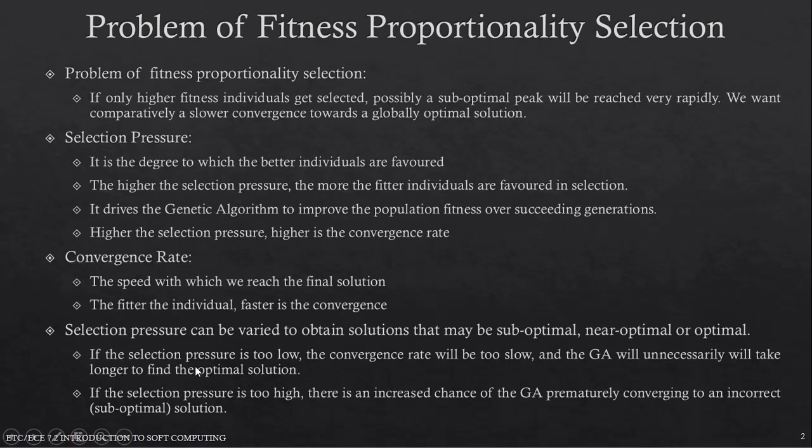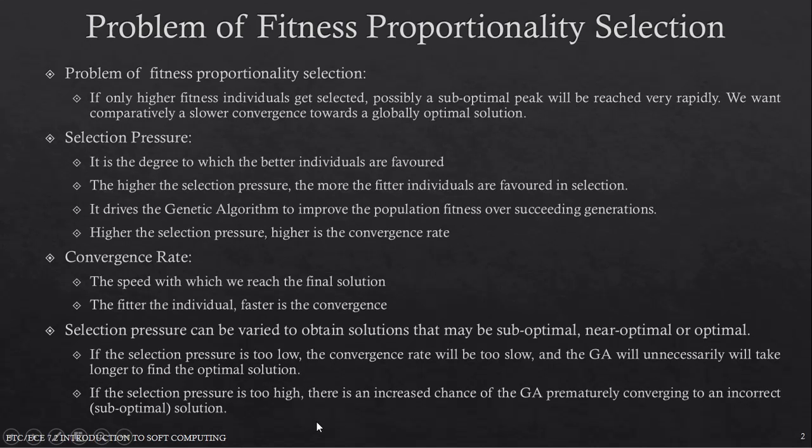If the selection pressure is too high, then there is an increased chance of the GA prematurely converging, but to an incorrect solution, a suboptimal solution.